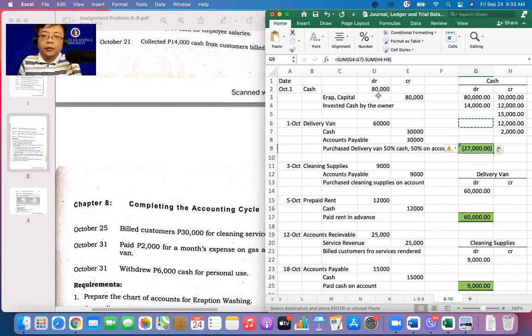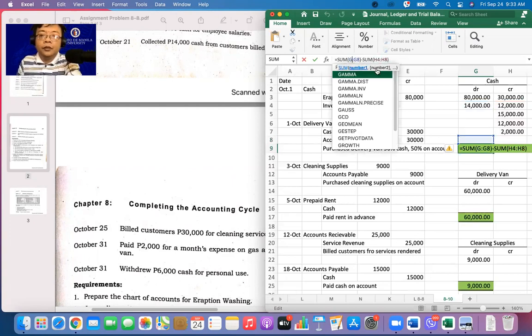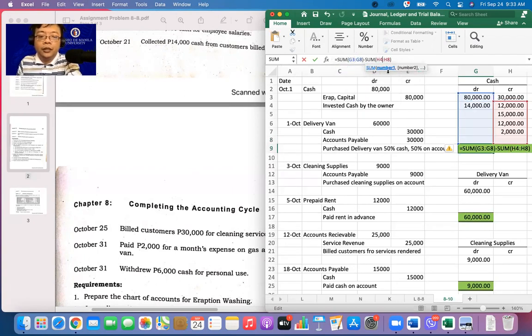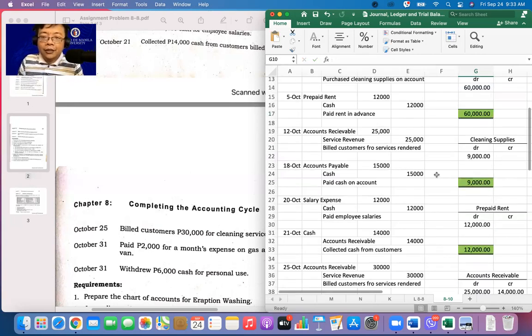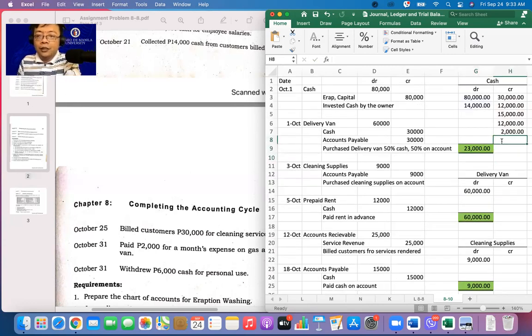Sum goes up to 8. Should be G3 and also H3. And we will minus 6,000 here. So we have 6,000 here. Ayan, so we are done.